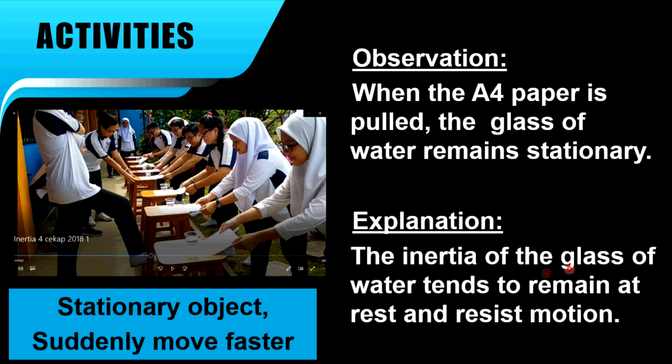The inertia of the glass of water tends to remain at rest and resist the motion. When the paper is pulled suddenly, the glass of water stays stationary and the water does not spill out. The reason is that the inertia of the glass of water tends to keep its initial state, which is stationary.